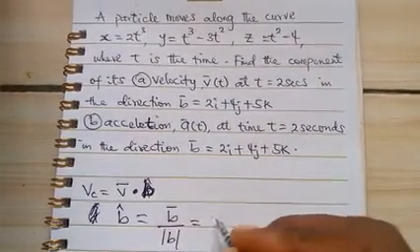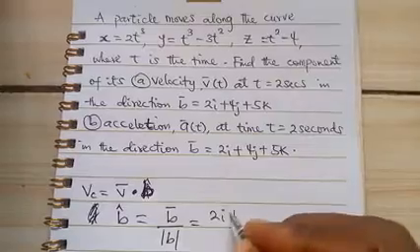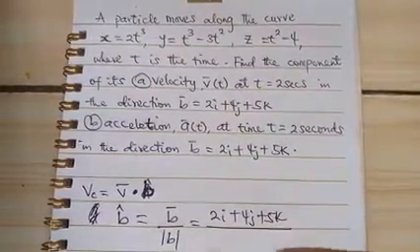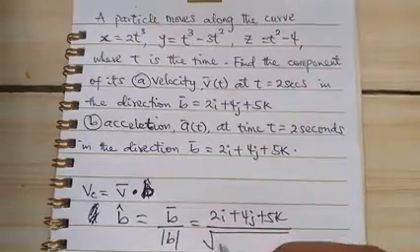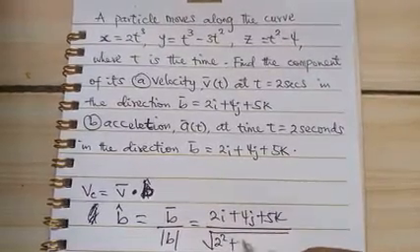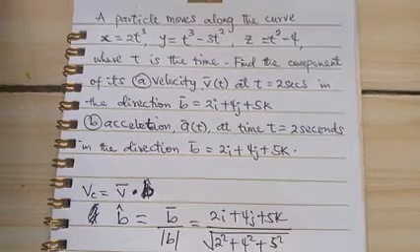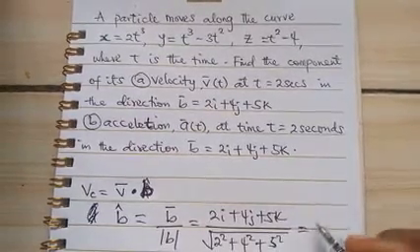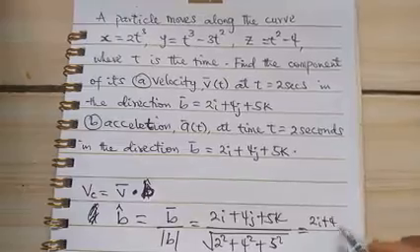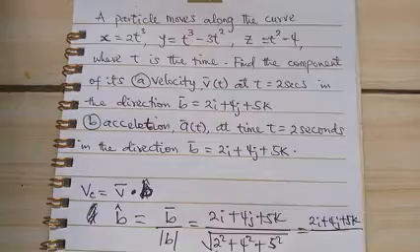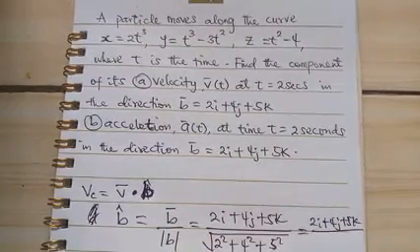The vector b given to us is 2i plus 4j plus 5k over the square root of 2 squared plus 4 squared plus 5 squared, which means we'll have 2i plus 4j plus 5k over the square root of 4 plus 16 plus 25.